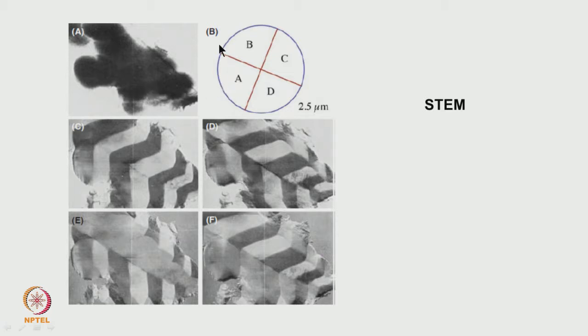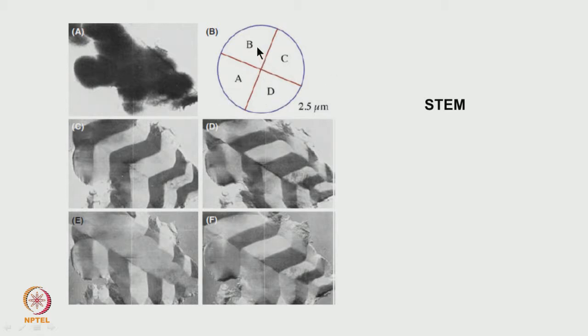The detector which is used below in an STEM, either we can use a single detector to collect, or we can split the detector into a few quadrants. Each quadrant can collect the electrons which have been scattered in different directions. We can use each one of them to form an image.